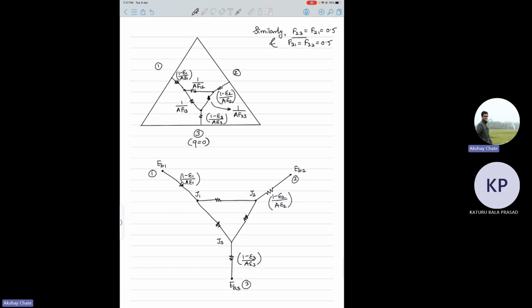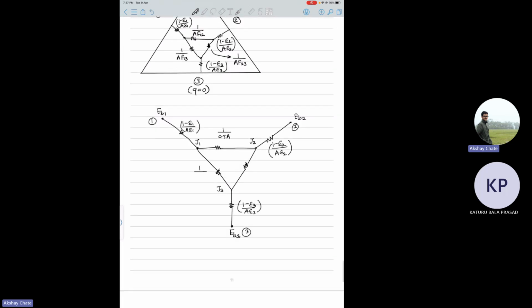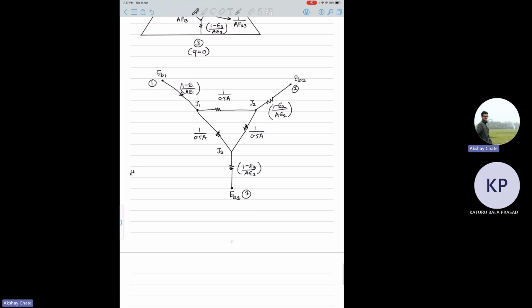And since we know all the shape factors are 0.5, we can put 0.5 everywhere in the shape resistances. So this becomes 0.5 times A. This also becomes 0.5 times A. This also becomes 0.5 times A. And again, we can further simplify, because here the width of the side is 1 meter, and anyway they are asking us to calculate per unit length.